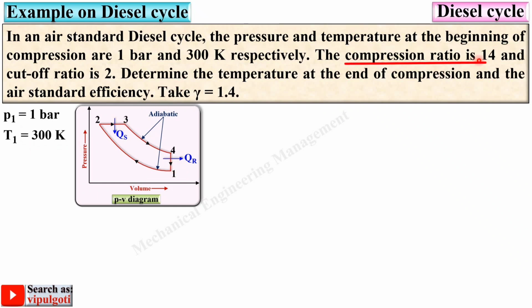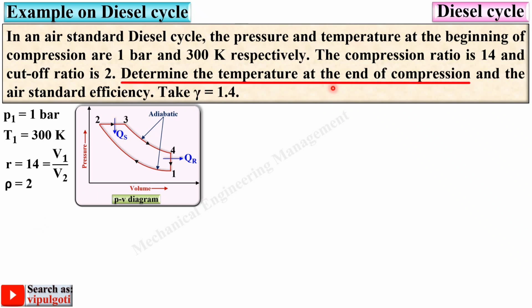Next the compression ratio is 14. You know that compression ratio is always V1 by V2, whether it is Otto cycle or diesel cycle, and that is simply denoted by small r. Next, cutoff ratio is 2. So in diesel cycle there is a cutoff ratio and that is equal to V3 by V2, and that is denoted by rho.